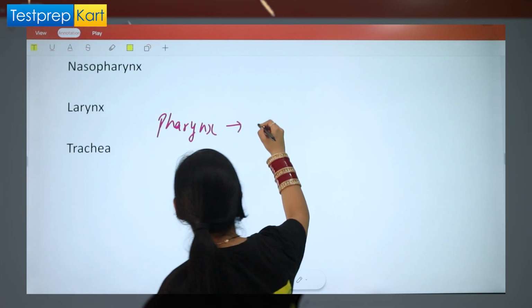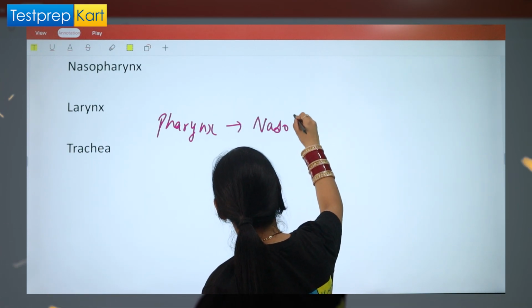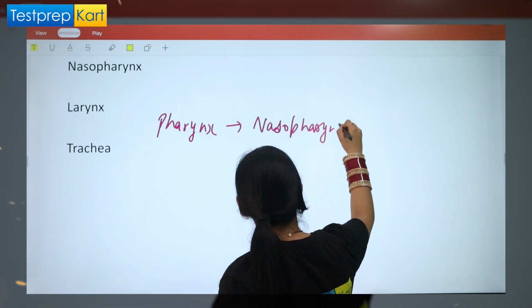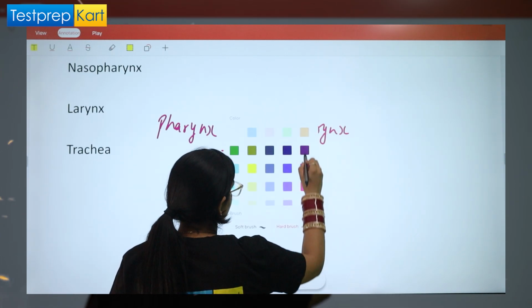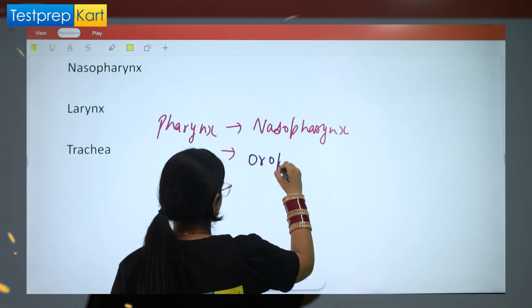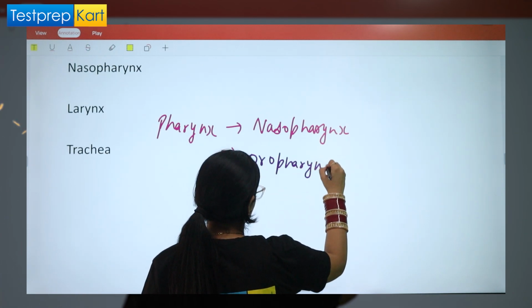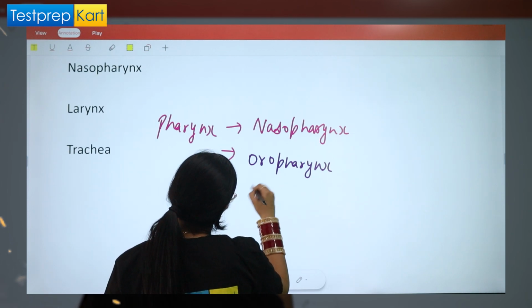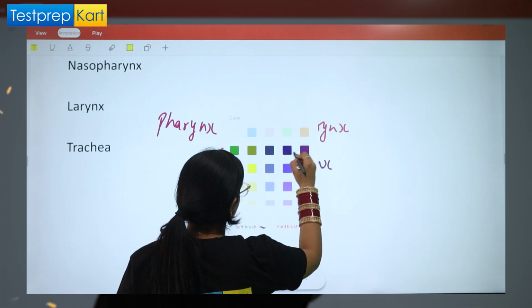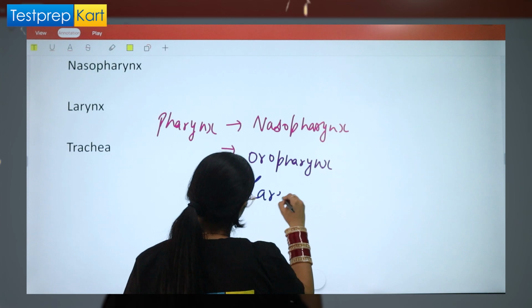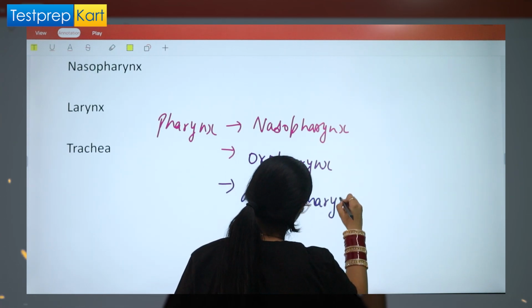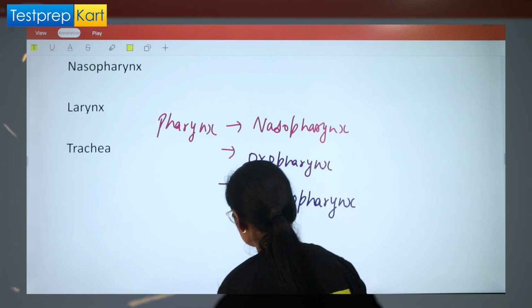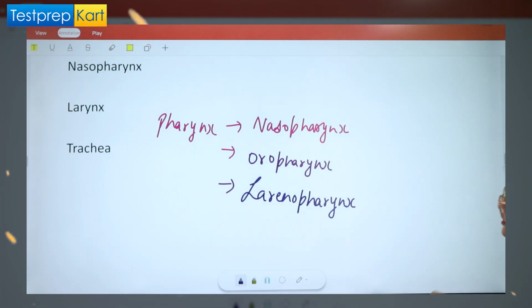Nasopharynx is related with the respiratory passage.